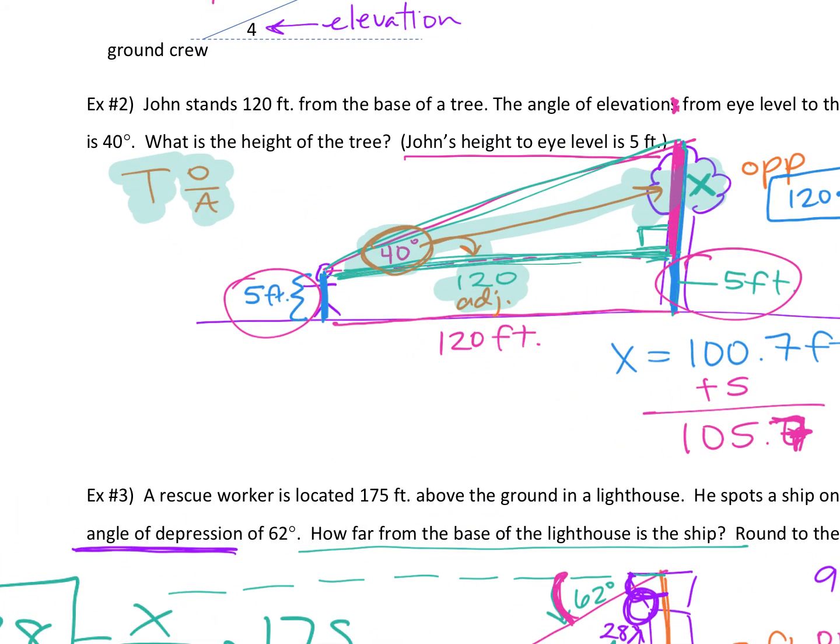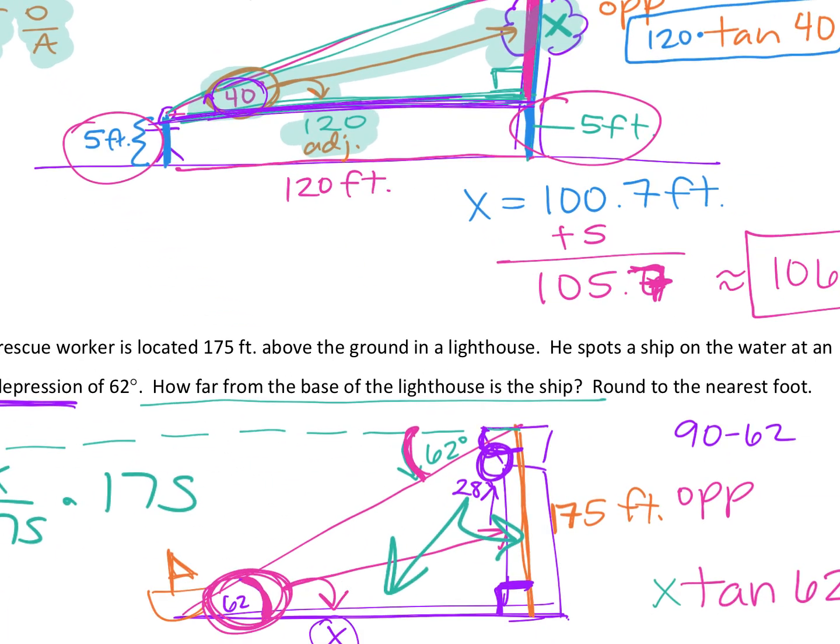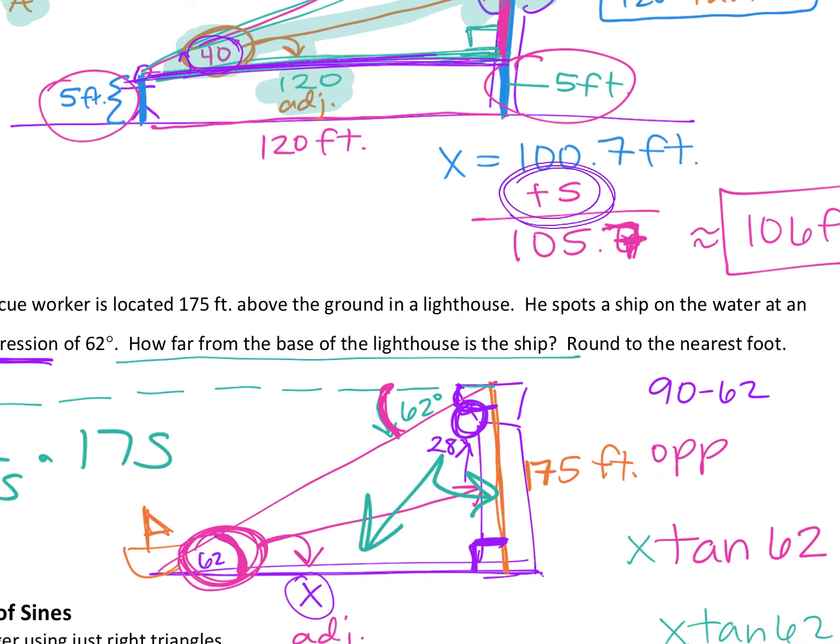We drew the horizontal line in from his eyesight. This one, right? So the angle of elevation looking up was that 40. And then the other thing that gets done wrong a lot is people always leave off the plus whatever, plus 5 here. There's a question on your test that you have to add that little piece to it. Don't forget about that little piece, okay?